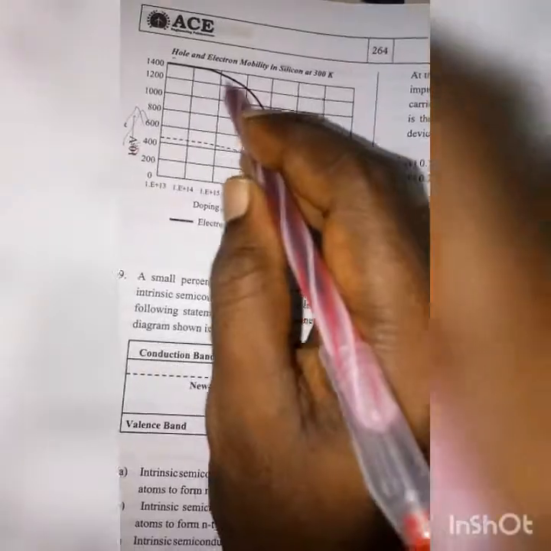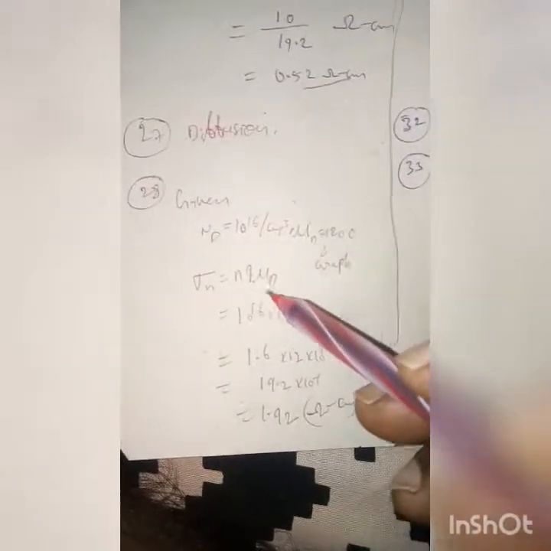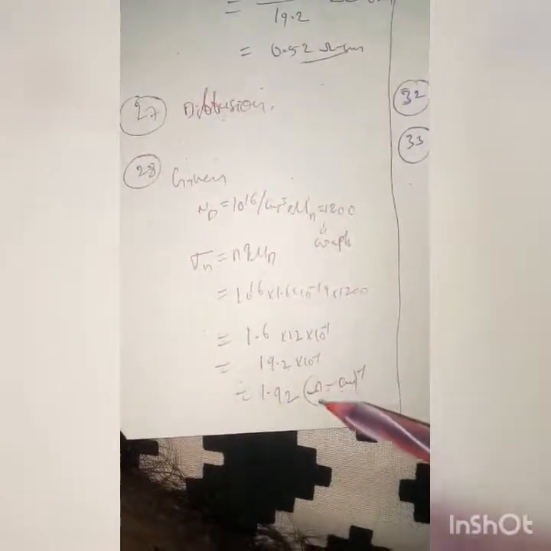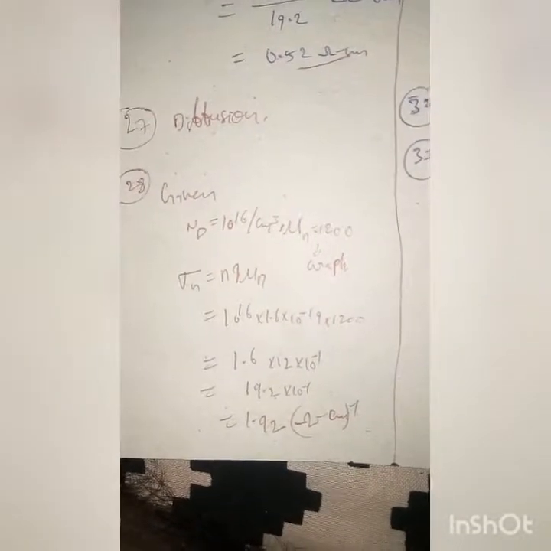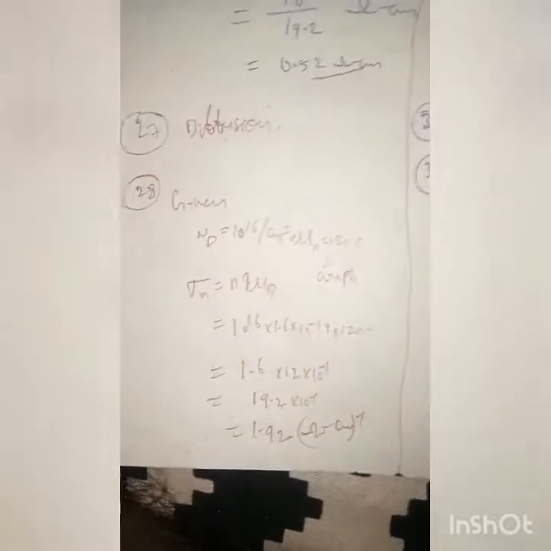That's why 1200 for mu n. So you have everything: you have n, you have q, you have mu n. If you solve it, you will get 1.92. Here units are ohm centimeter inverse. Move to the next question, 29th question.